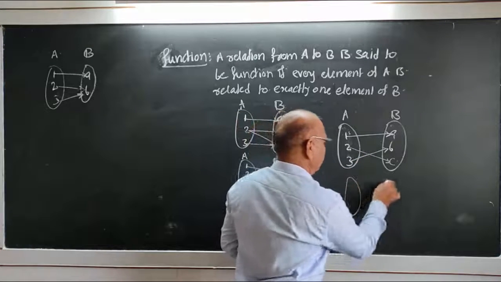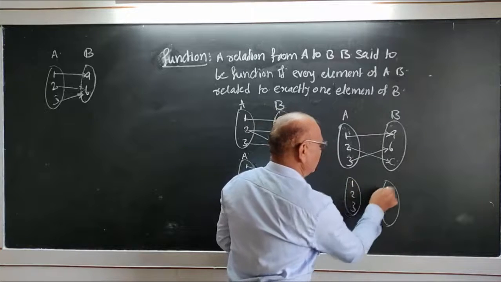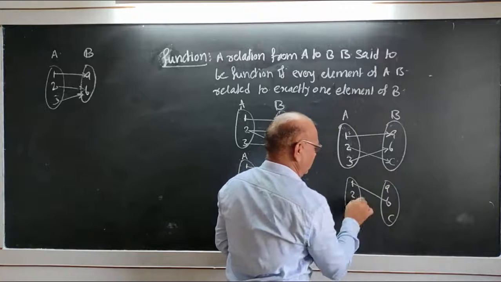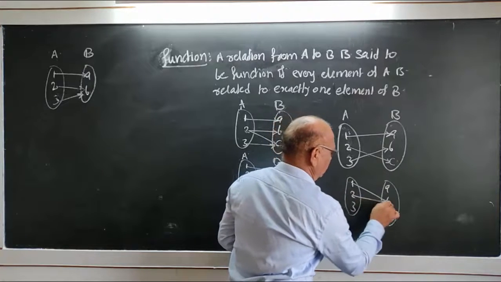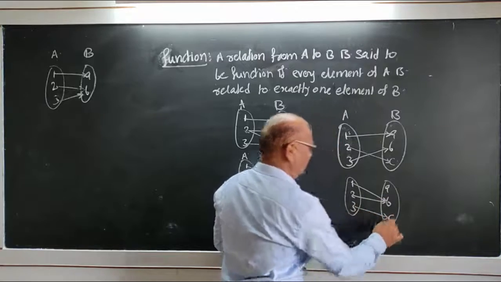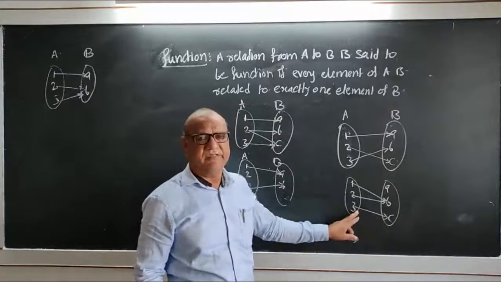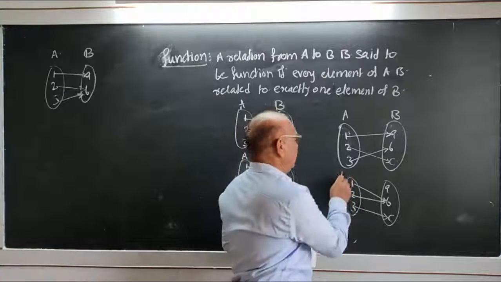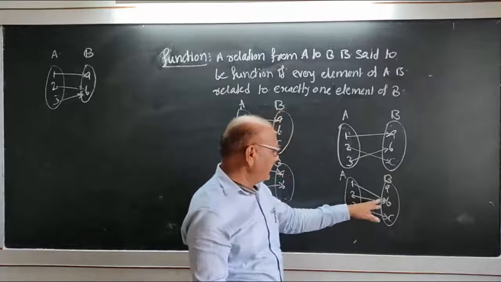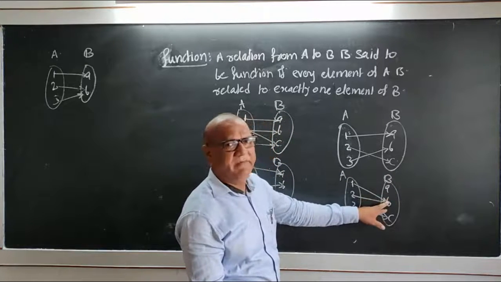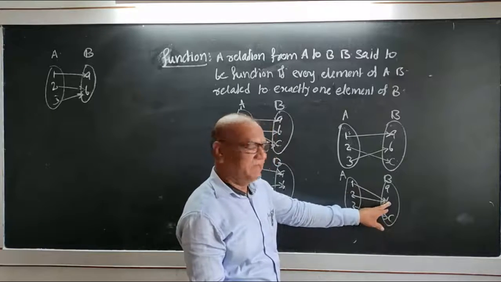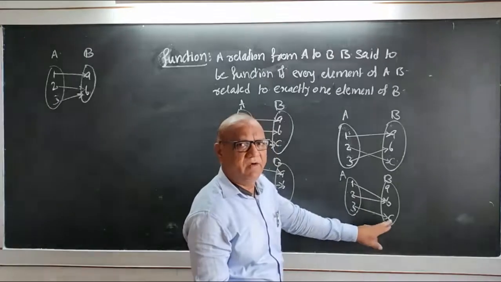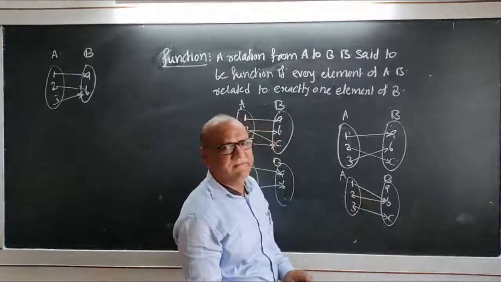Like this, suppose 1 related to b, 2 related to b, 3 related to c. This is also a function because every element of A is related to exactly one element of B. 1 is related to only one element, 2 is related to only one element, 3 is related to only one element. Then it is a function.